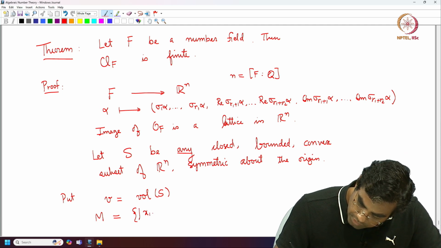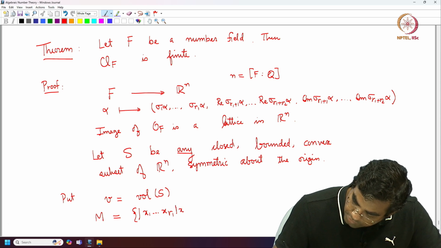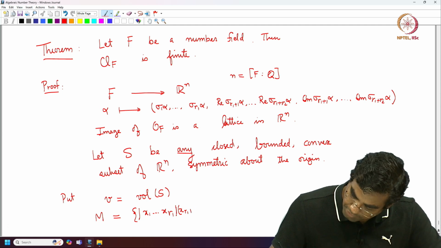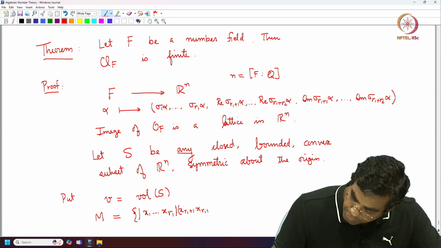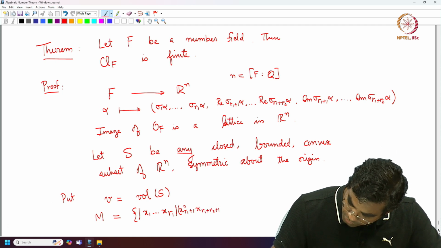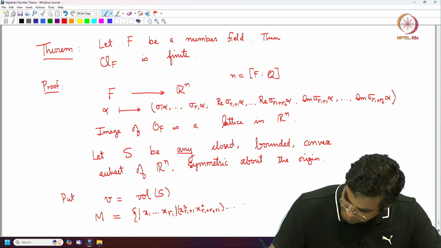So, this is the max of all quantities like this: x1 up to x r1, mod of this, and then x r1 plus 1 up to x r1 plus r2 plus 1, squares of these.